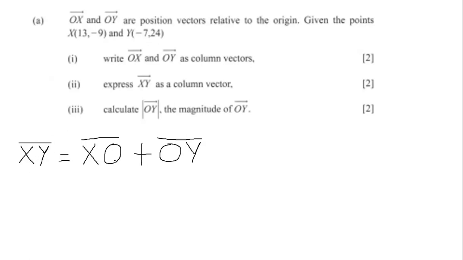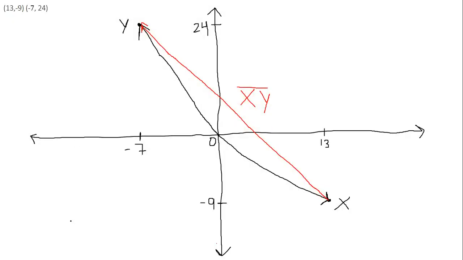Now, let us rewrite XO, and see what XO really means. If I were to tell you, please draw me the vector OX, well, in order for you to draw the vector OX, it's represented right here.